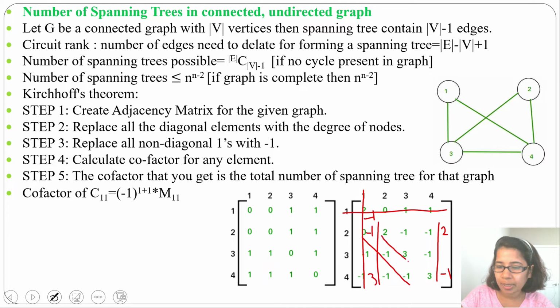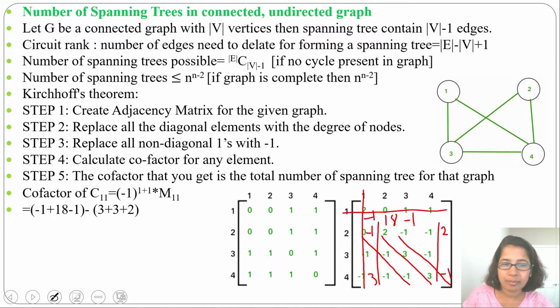Then 2 multiplied by 3 is 18. Then minus 1 multiplied by minus 1 multiplied by minus 1 is minus 1. So minus 1 plus 18 minus 1, minus, then 3 multiplied by minus 1 multiplied by minus 1 is 3. Next minus 1 multiplied by 3 multiplied by minus 1 is 3. Then minus 1 multiplied by minus 1 multiplied by 2 is 2.